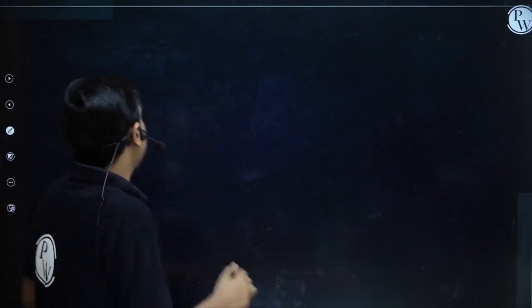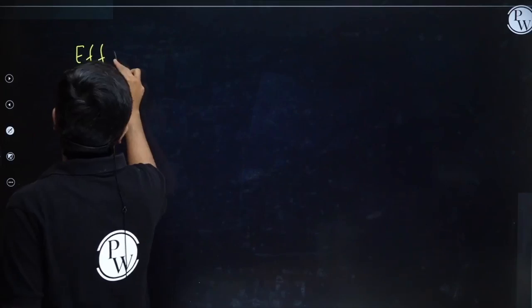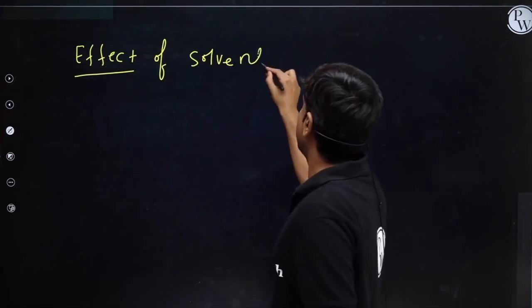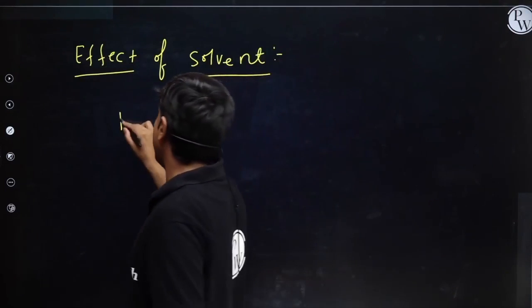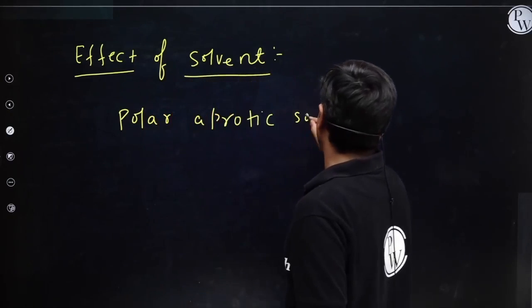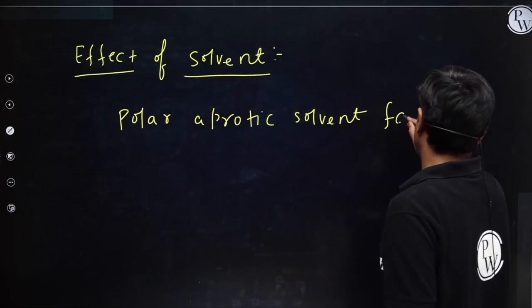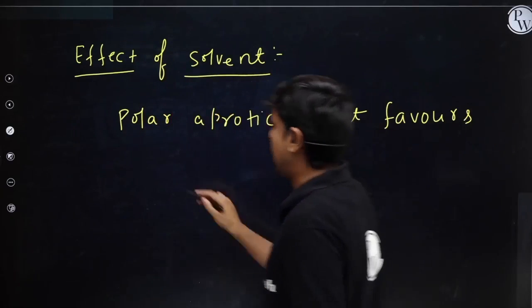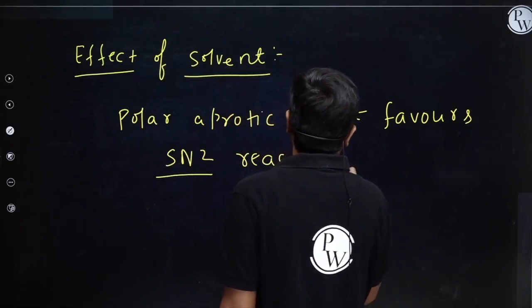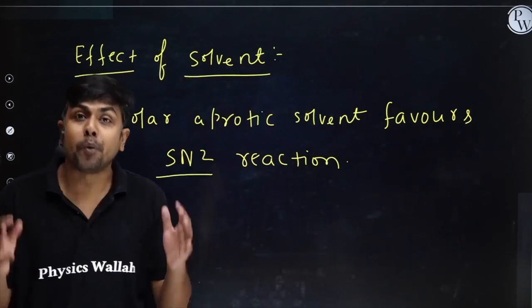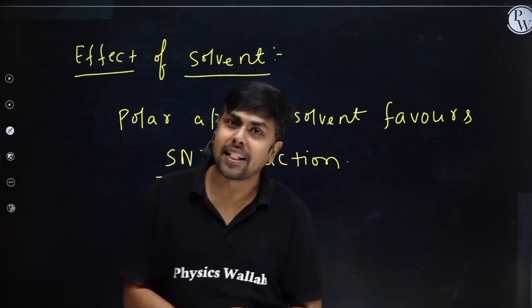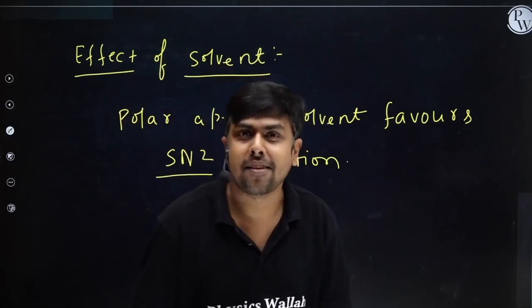If I talk about the effect of solvent, in general, polar aprotic solvent favors SN2 reaction. Am I clear? So, stronger nucleophile, polar aprotic solvent, and less sterically hindered alkyl halide will promote SN2 reaction.